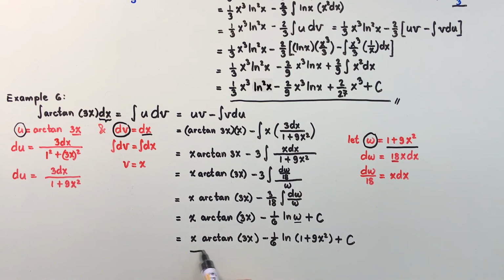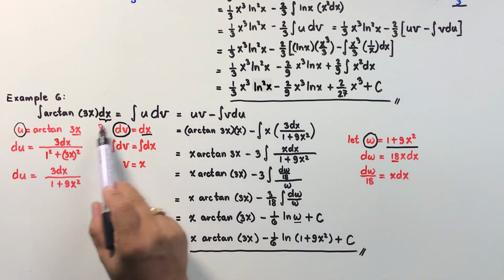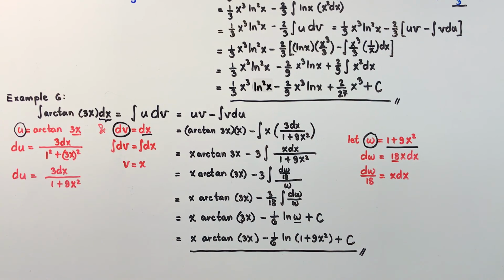And this is our answer for this example number 6. And you notice that we can still apply integration by parts even if this is only one function, which is the inverse trigonometric function.